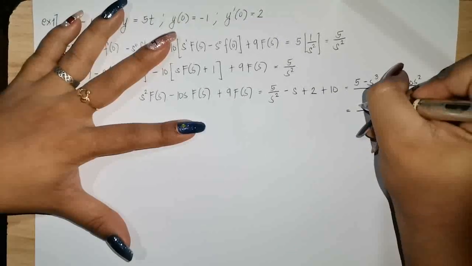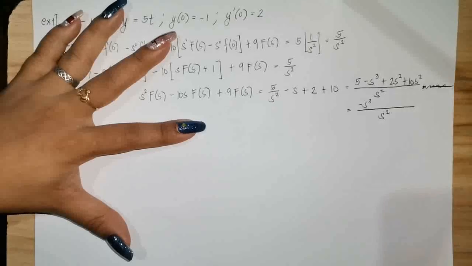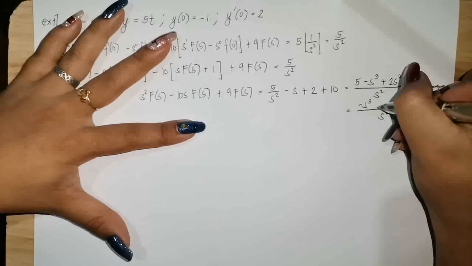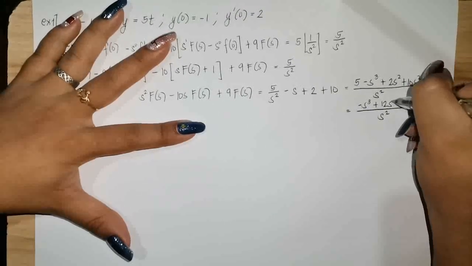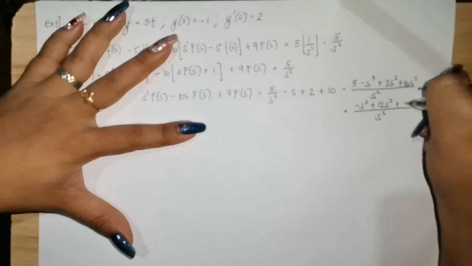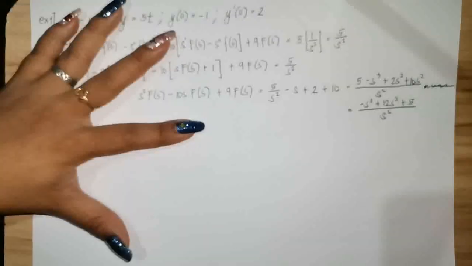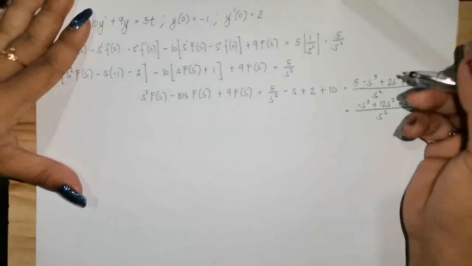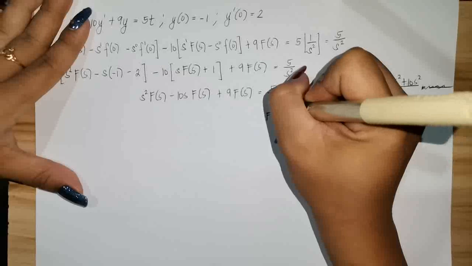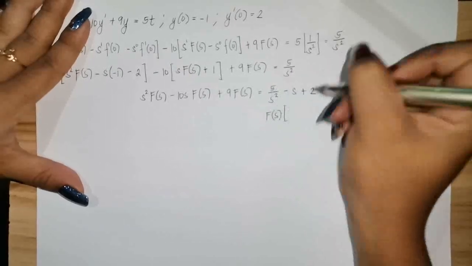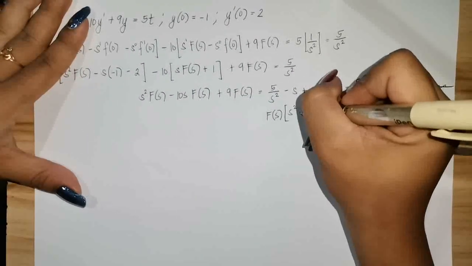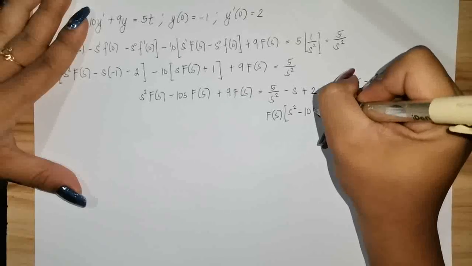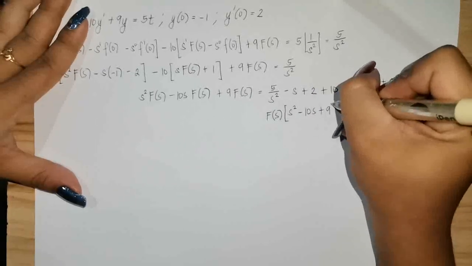So, that's negative s cubed plus 12s squared plus 5. That is equated to, ika-factor out natin si f of s ngayon. So, ang matitira ay s squared minus 10s plus 9.